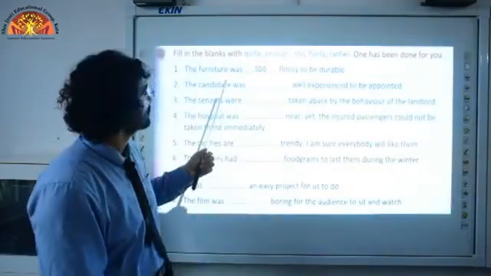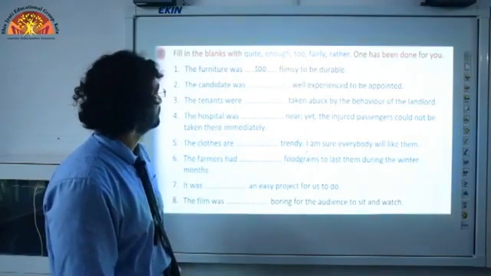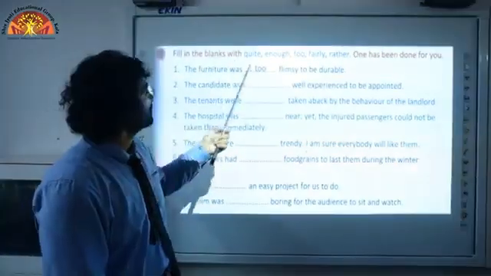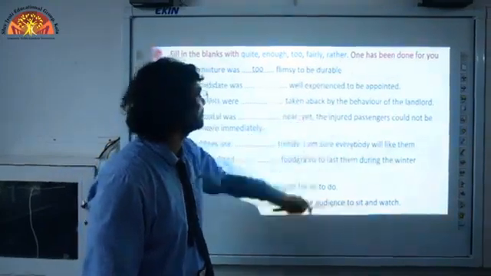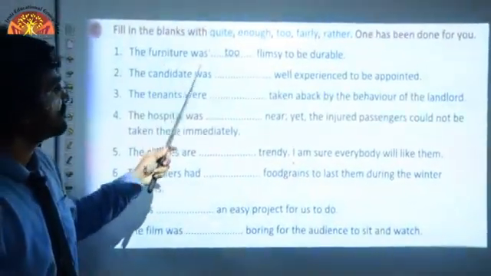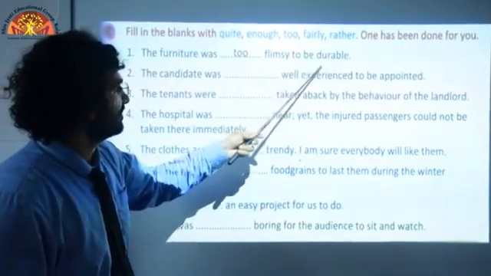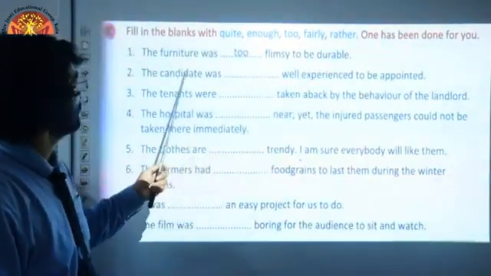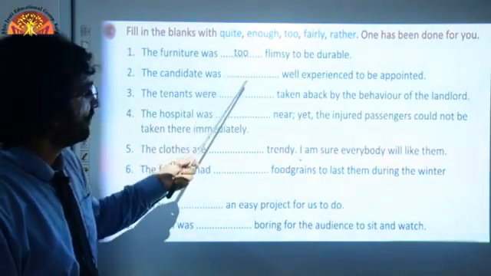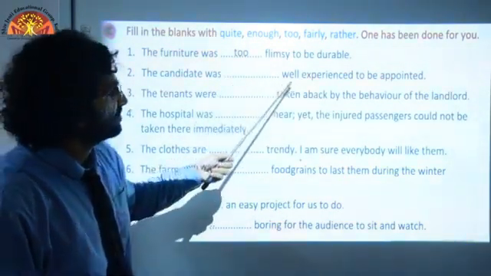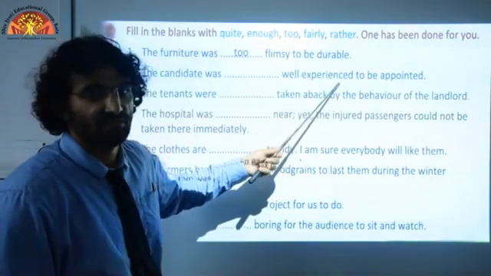And adverbs, we are going to have a look at this exercise now. First, fill in the blanks with quite, enough, too, fairly, rather. One has been done for you. The furniture was too flimsy to be durable. We will talk about number two. The candidate was fairly well experienced to be appointed.